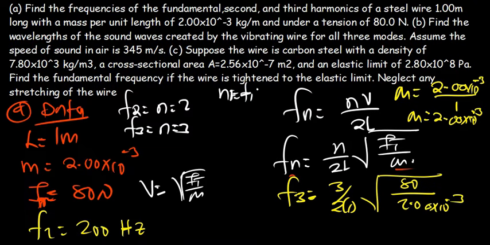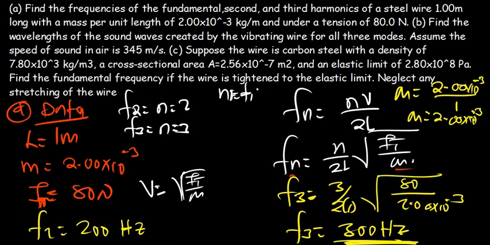Since we found 200 inside there, we just say 3 divided by 2, then times 200. That is 300. So the third fundamental frequency is 300 hertz. As simple as that. Okay, so that is it for the first method.